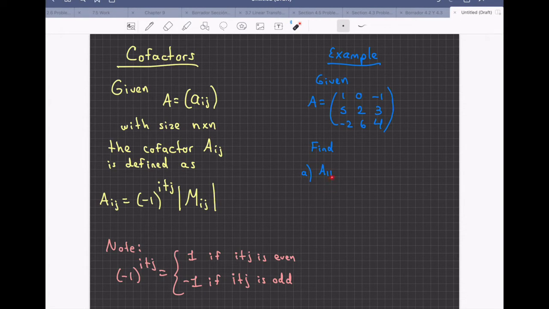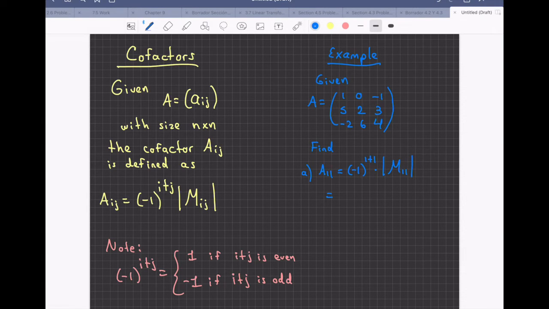So I have to compute the cofactor A11. Follow the definition; it is a definition that at the same time is a formula. So it is -1 raised to the 1 plus 1 times the determinant of the minor M11.